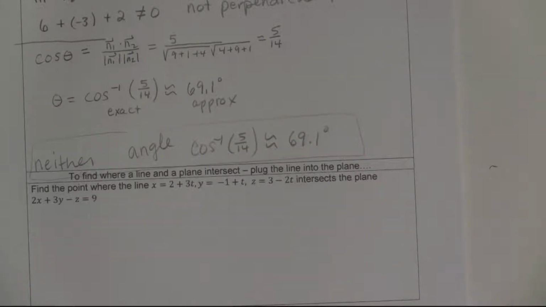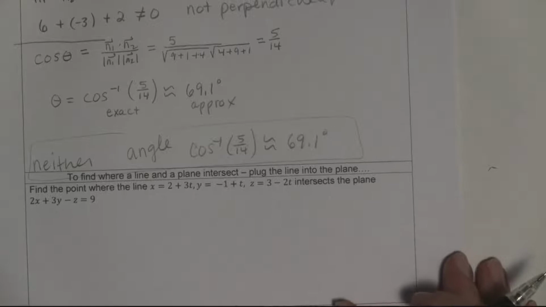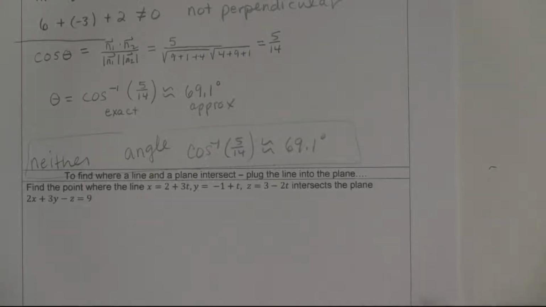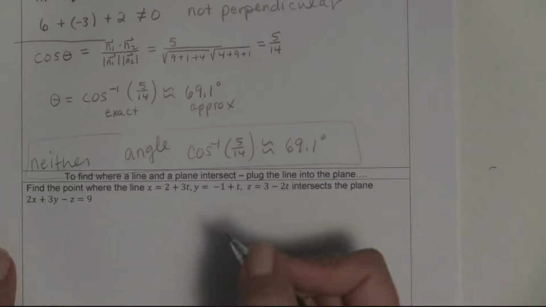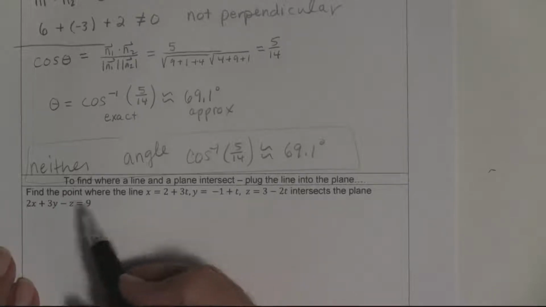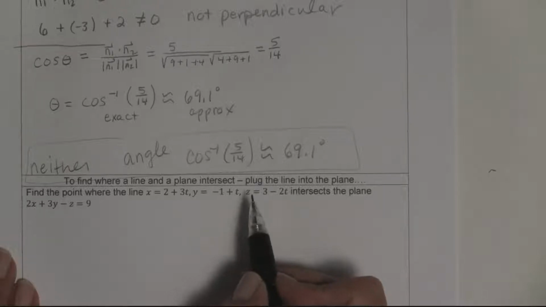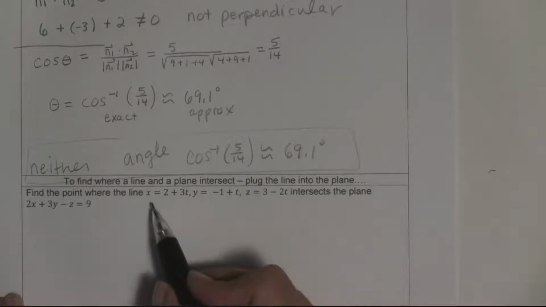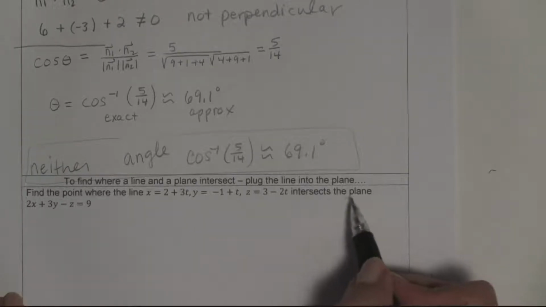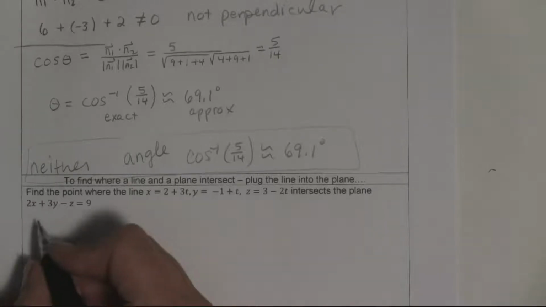And so now here we go. To find where a line and a plane intersect, all you have to do is plug the line into the plane. And so they've asked us to find the point where this line, which they've given in parametric form, intersects the plane, and all you have to do is plug in.